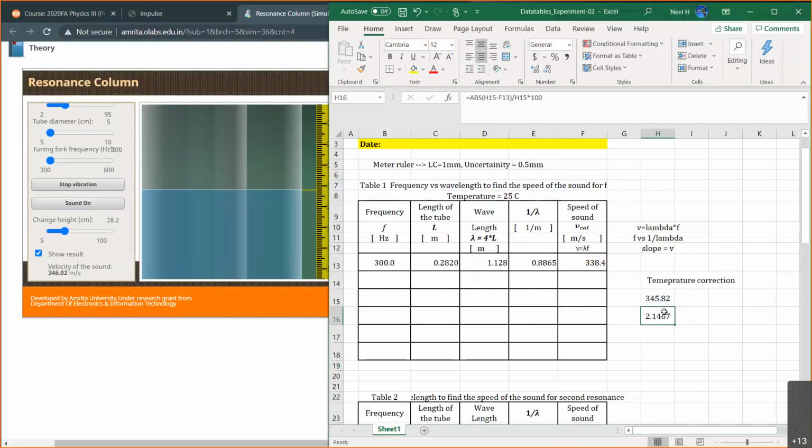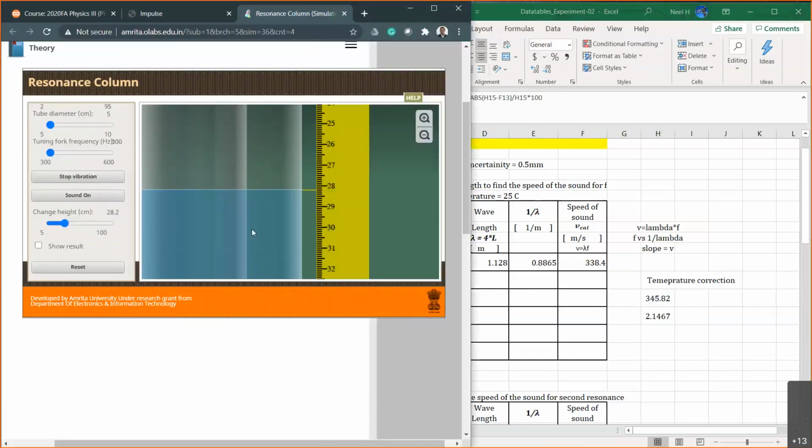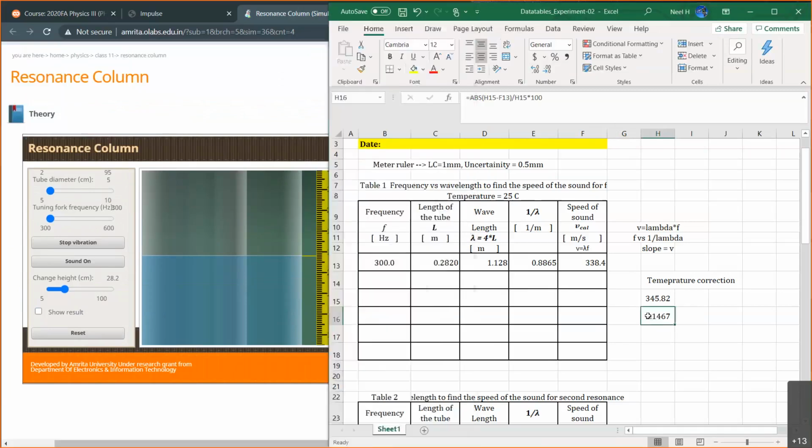Percentage error is about 2.2%. So we are in the margin. That's good. So we don't need to worry about that end correction. But don't rely on their number at all, okay? So we don't need that. We just need to do the experiment as we usually do in class, okay? Everybody get that idea? Everybody okay? Any question?